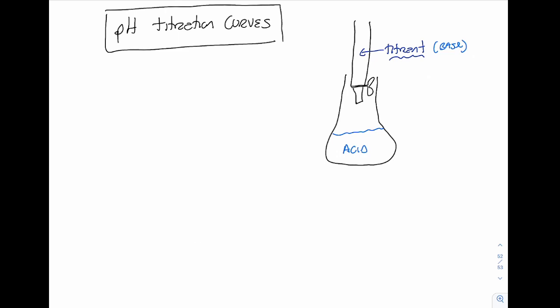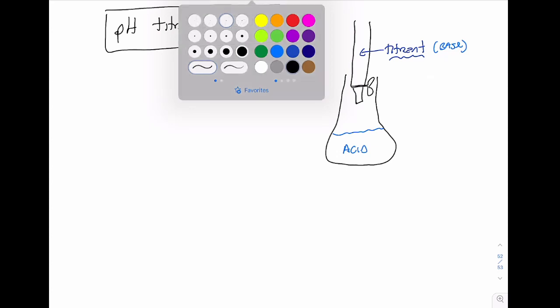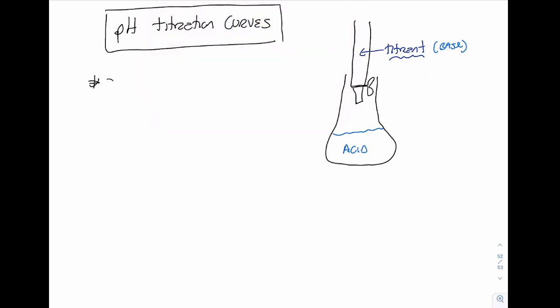Our titration curve is going to be a graph of this. How does my pH change as base is added in this case? So this is going to be a plot, a graph of pH versus volume of titrant.